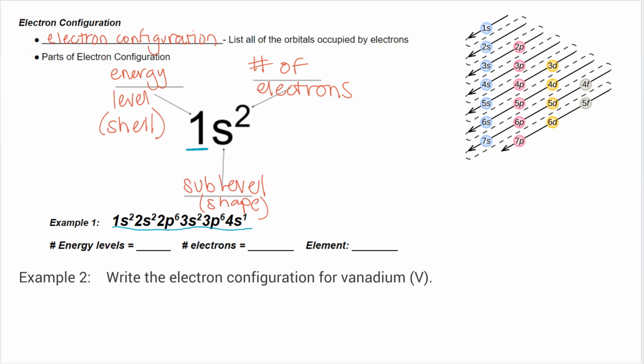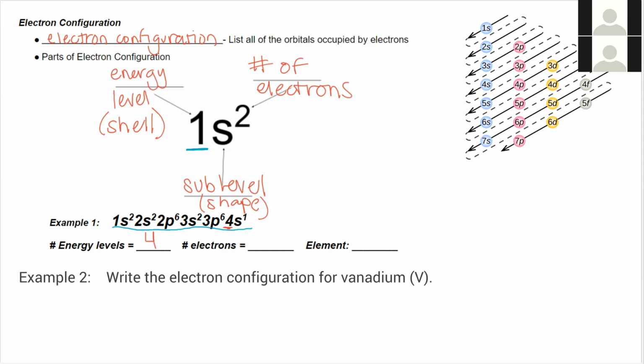So I'm seeing some different answers here, and I can see where we are getting these different answers. But all we're looking at is that first number, and we're looking for the highest first number. So the highest energy level that I see here is energy level number 4. And so that means that there are 4 total energy levels in this particular element's electron configuration.